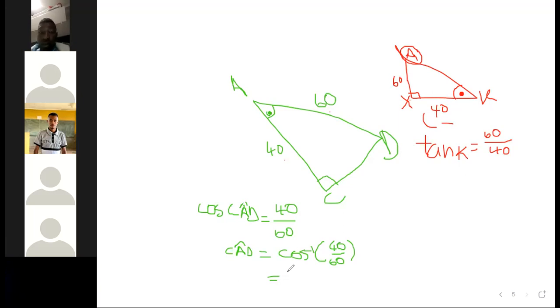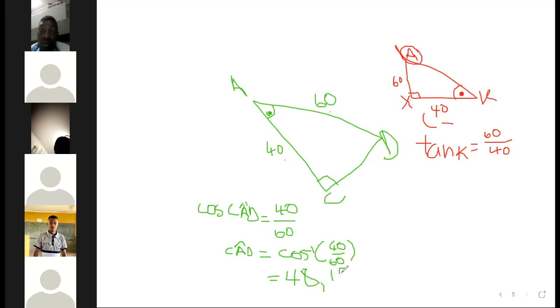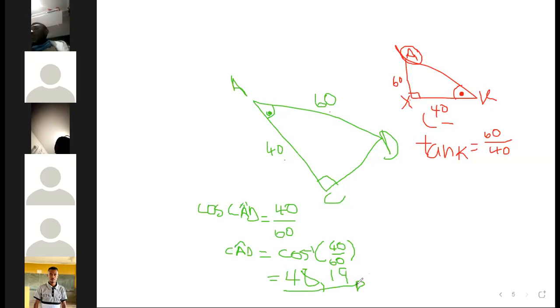You want the answer for tan or for cos? For cos. 48.19. How many of you are going to say it's 48.19? Yeah, that's the same answer for cos.